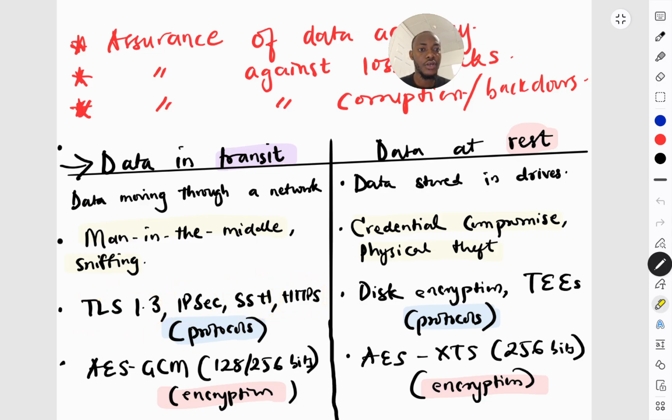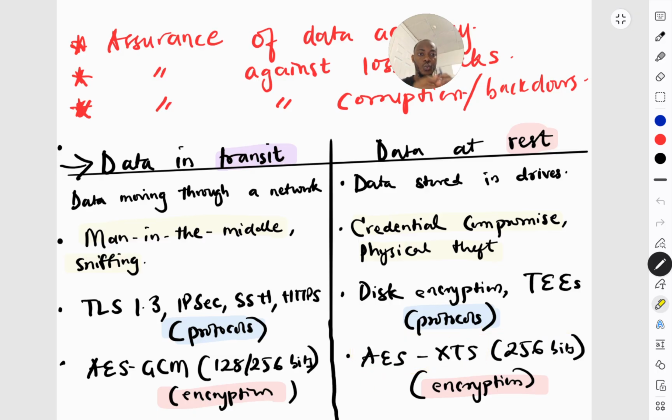But when we talk about data at rest, we're talking about disk encryption and trusted execution environments. These are the protocols that help enforce data at rest. When we talk about encryption in transit, we're looking at AES-GCM, and we can choose either the 128 or 256-bit version. Or we look at AES-XTS when we talk about data at rest.